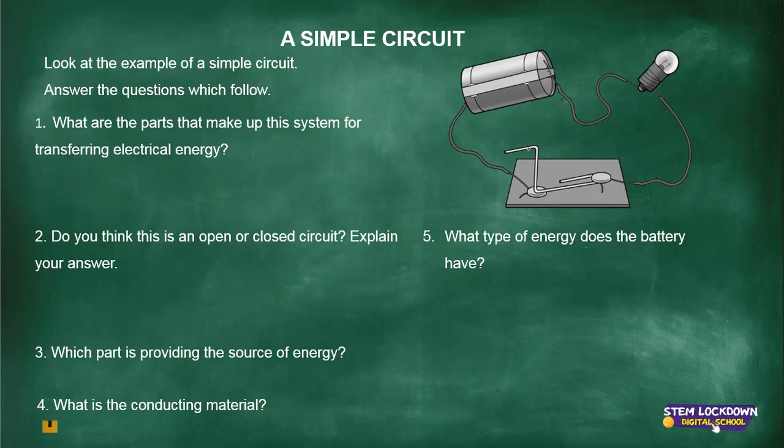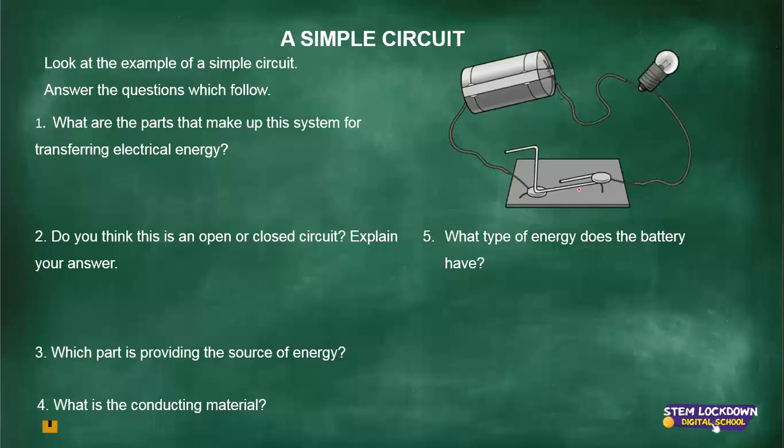What are the parts that make up this electrical energy system? Just look at the pictures and you'll know. Like, what is this? It's a light bulb. Yes, the component. So we want the component. So the component is one, the light bulb, then the battery, okay, your battery, and then your circuit line, and the switch.